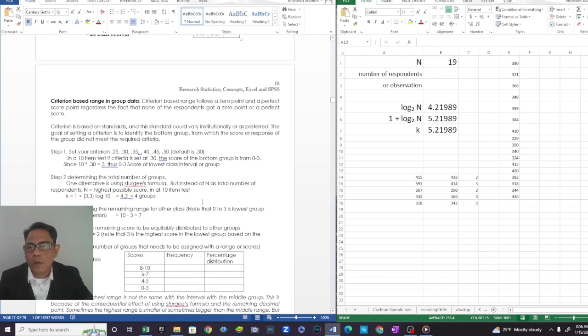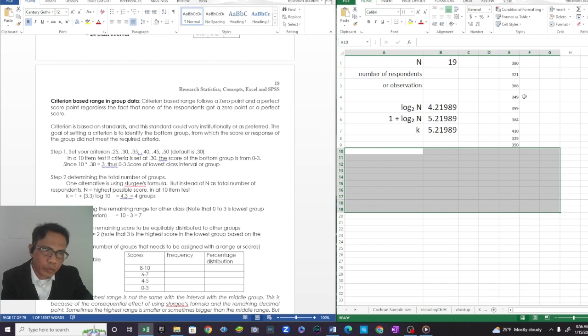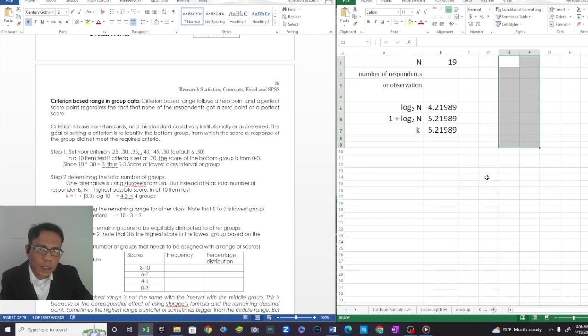Let's now go to criterion based scaling. So when we talk about criterion, we're not looking at the scores or result, we're looking at the standard. So criterion based range in group data.